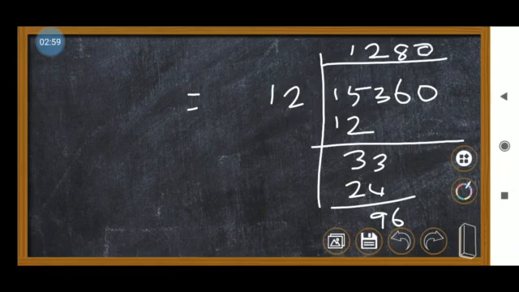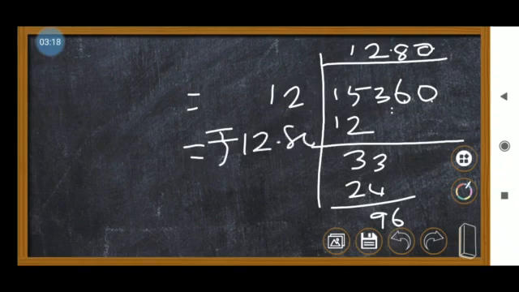So with two digits after the decimal point, we have to put the decimal point, so it is 12.80. So this is for one soap.